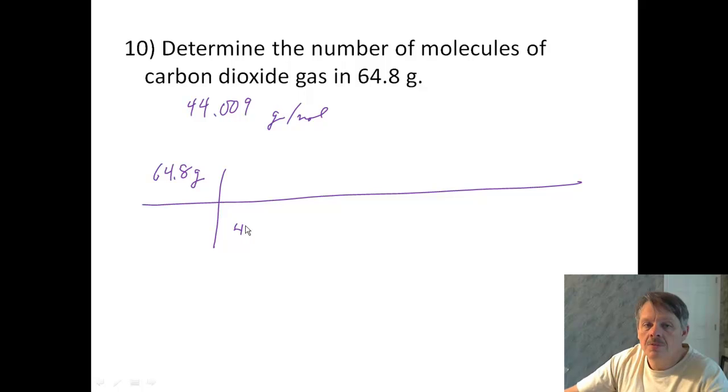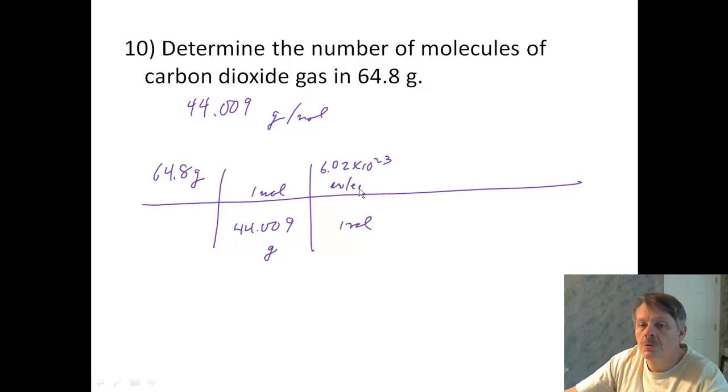I'm going to divide that by 44.009 grams of carbon dioxide gas and go to 1 mole. And then from 1 mole, I'm going to go to molecules, which is 6.02 times 10 to the 23rd molecules. When I multiply all that out, I get 8.86 times 10 to the 23rd molecules.